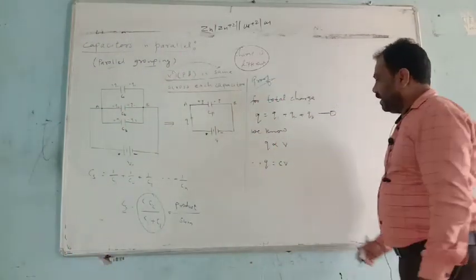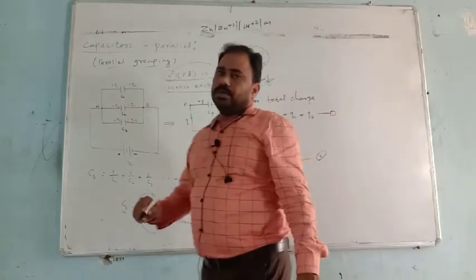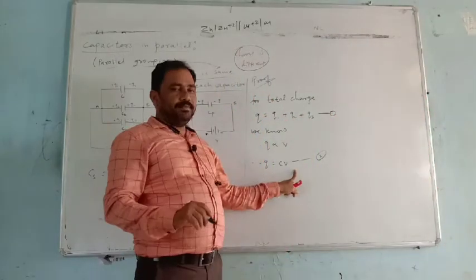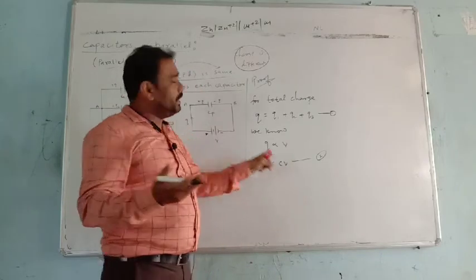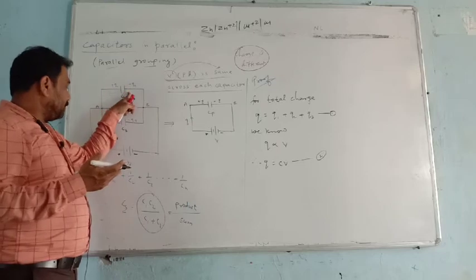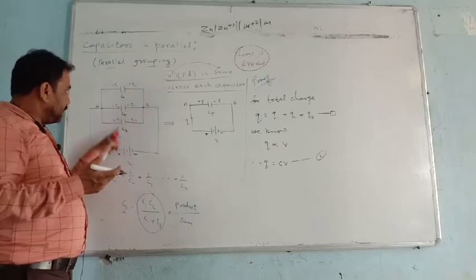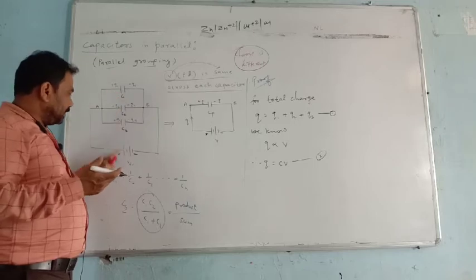Obviously correct. Now see, this one is the second equation. So to calculate Q, we must know C and V. V is constant for each capacitor, C1, C2, C3, because for C1 V is there, for C2 V is there, for C3 V is there. It means for C1, C2, C3, V is common.